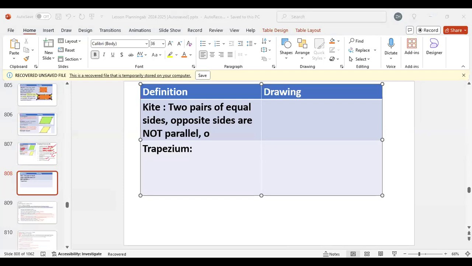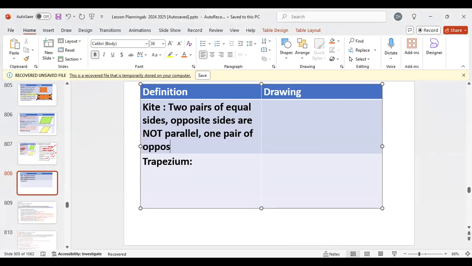Opposite sides are not parallel, and one pair of opposite interior angles are equal.